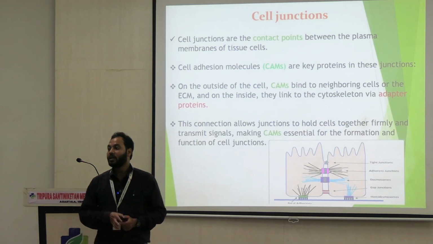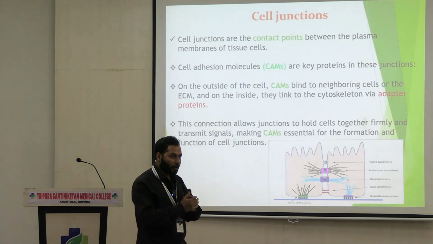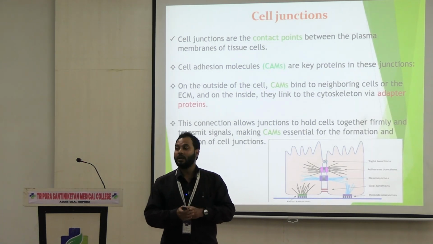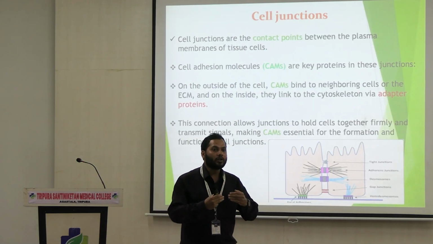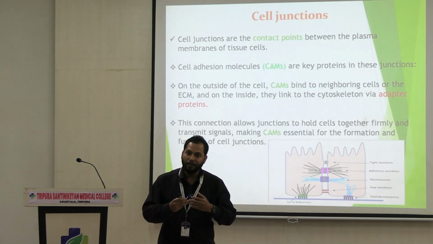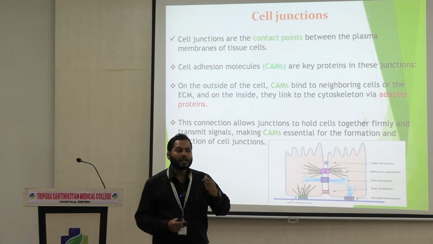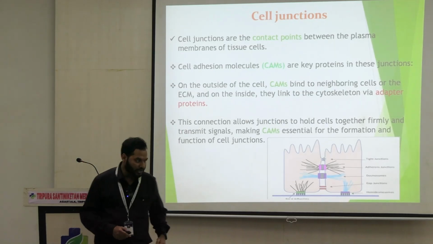So the cell adhesion molecule plays an important role in the formation of cell junctions, right? And in these cell junctions, adjacent cell adhesion molecules bind with each other at the same time. And cell adhesion molecules also link to some molecules present inside the cell, like the cytoskeleton structure.